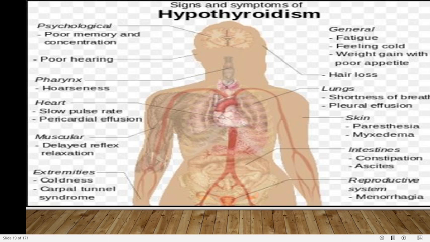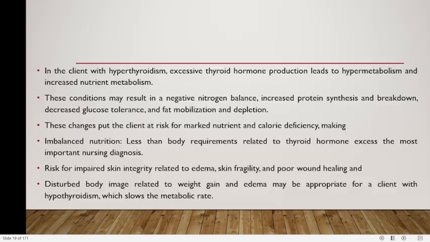Extremities, they may present with carpal tunnel syndrome. Muscular, we have delayed reflex relaxation. Heart rate, you find they have slow pulse rate and pericardial effusion. The pharynx, you may find some hoarseness, poor hearing. Psychological, poor memory and concentration.